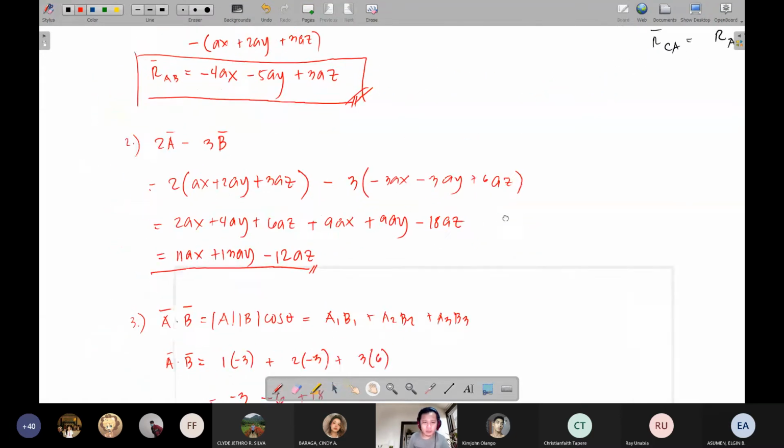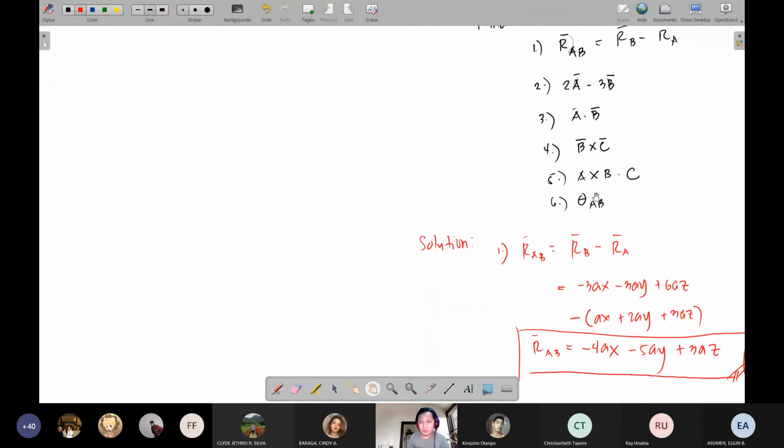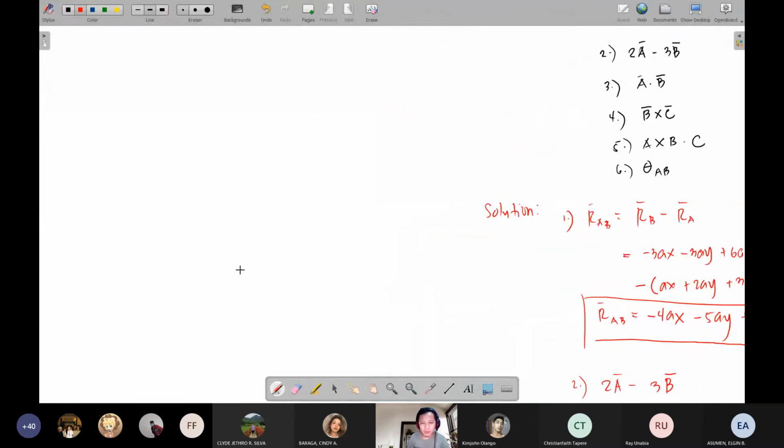Let's proceed with number 4. Number 4 is a cross product. You will have B cross C. Recall that B cross C has the magnitude of B times the magnitude of C times the sine of the angle between B and C. For this one, we can also use the matrix form.